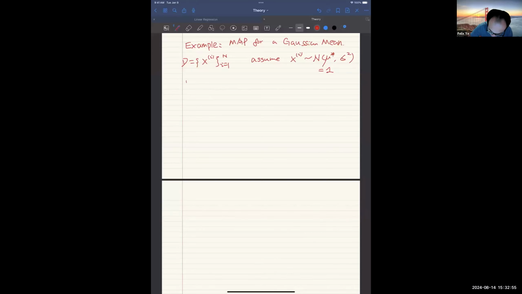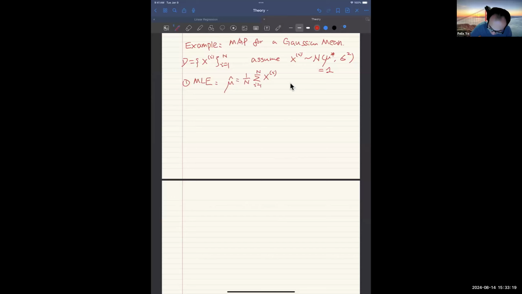So what we can do is try the MLE estimation. We have done this before. This will be mu hat equal to 1 over n summation i from 1 to n of x_i. So this is the empirical mean.